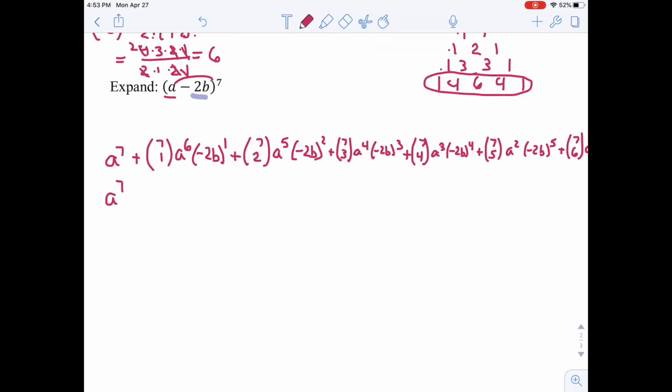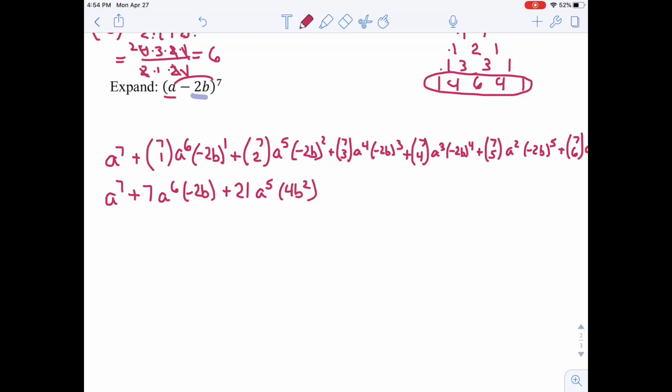So we're going to have a to the 7th, which still stays there. 7 choose 1 is just 7, so this isn't going to change at all. It's 7a to the 6th negative 2b. If we did 7 choose 2, if you use your calculator, you're going to find out that is 21, a to the 5th.